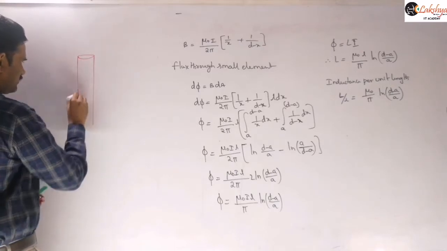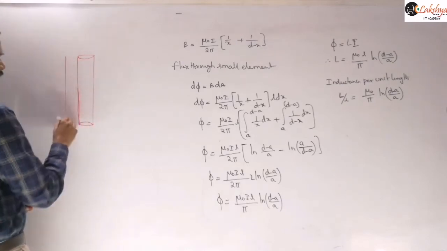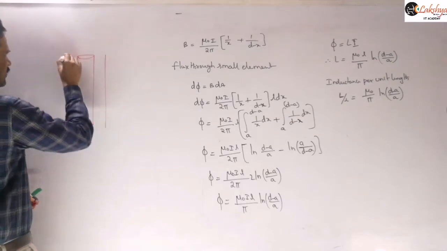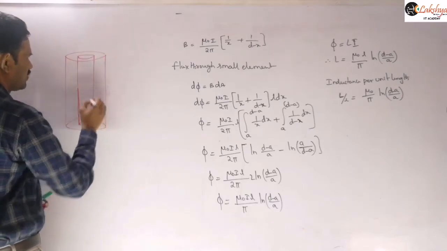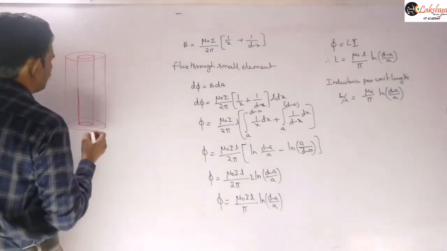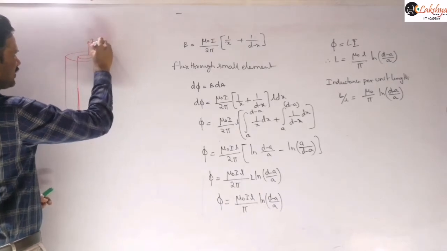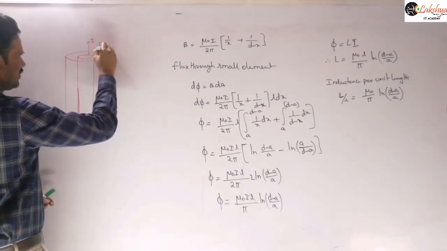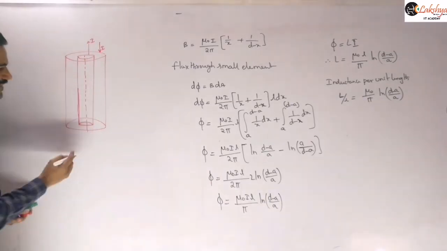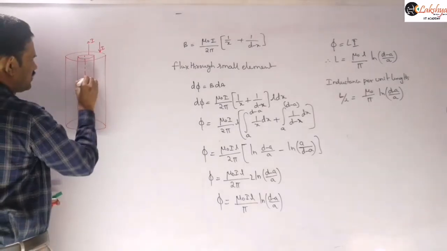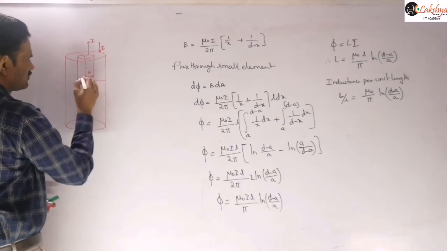The current will flow in one direction in the inner shell and in the other direction in the outer shell. Suppose in the inner shell it is flowing outwards, then on the outer shell the current will be flowing inwards. You need to calculate the inductance per unit length between these two. Let us take the inner radius as A and the outer radius as B.